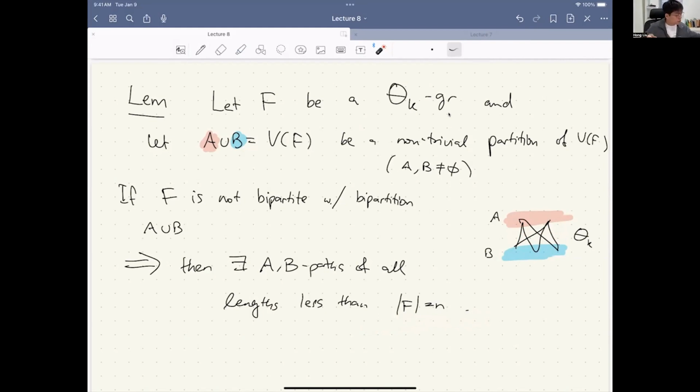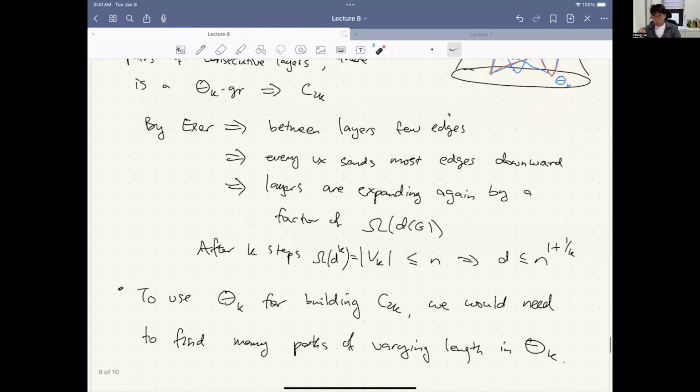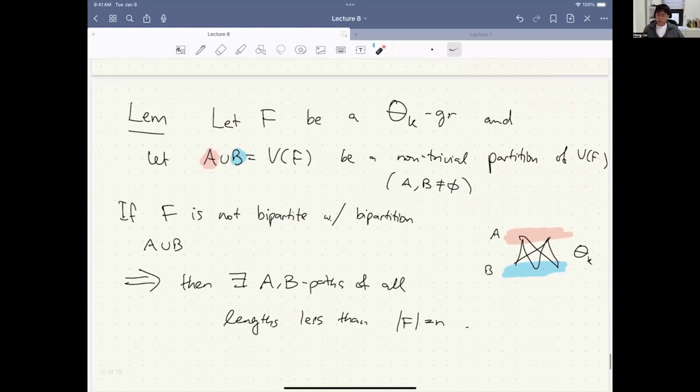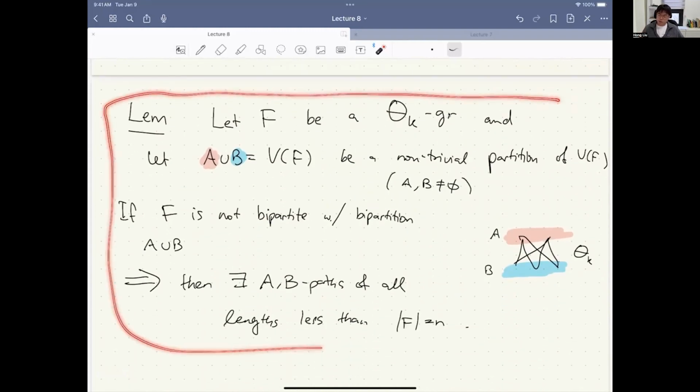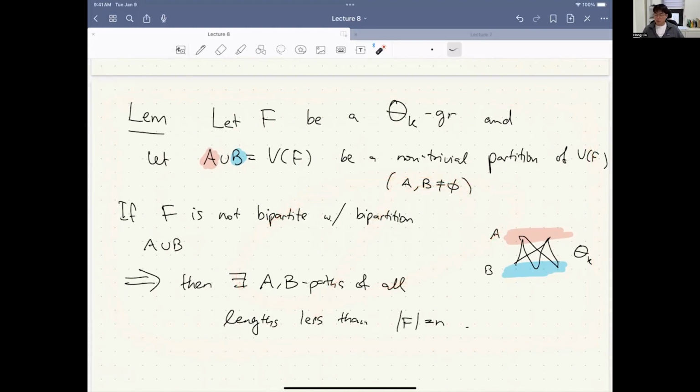The full proof you can see in Oleg Pikhurko's paper, not so long, but let me repeat the idea one more time. First of all, one of the key ideas is to make use of this structure called theta k graph, which is nothing but a long cycle with at least one chord. And this lemma is saying that given a theta k graph, you can find many, many different length paths in there.